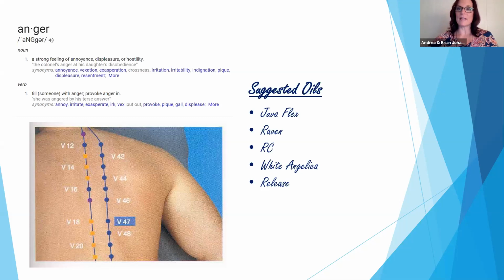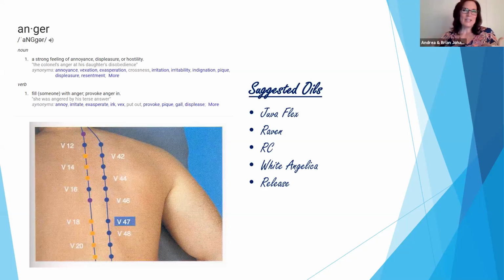I'm going to just go ahead because you and I had talked about it previously. I'm going to jump in and explain. Our liver is an organ that holds onto anger. And so if you can't reach that point in the back, it's great to apply JuvaFlex over your liver, because that will help you to process that emotion. Okay, got you now.